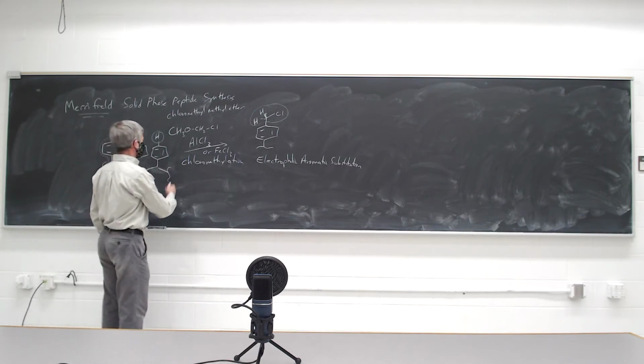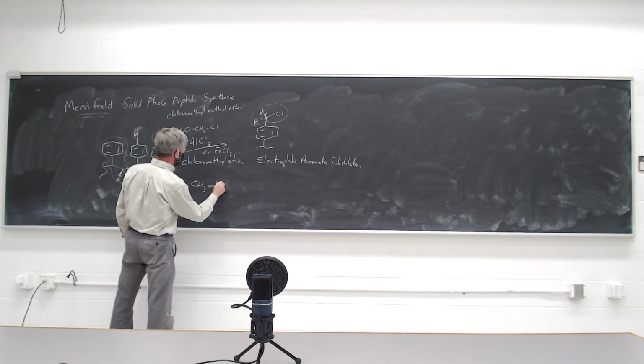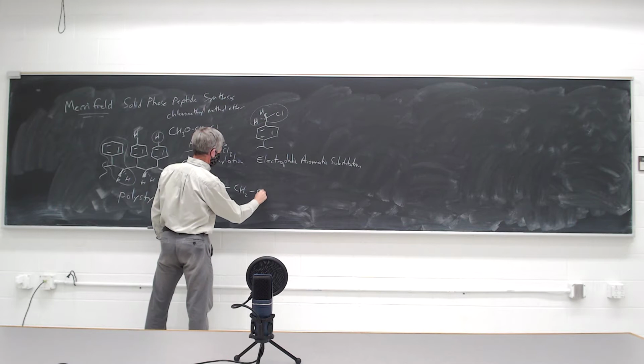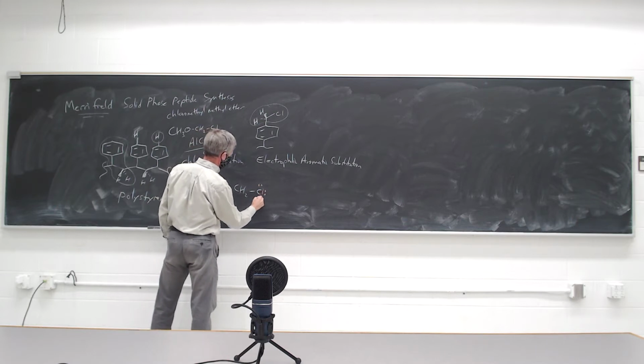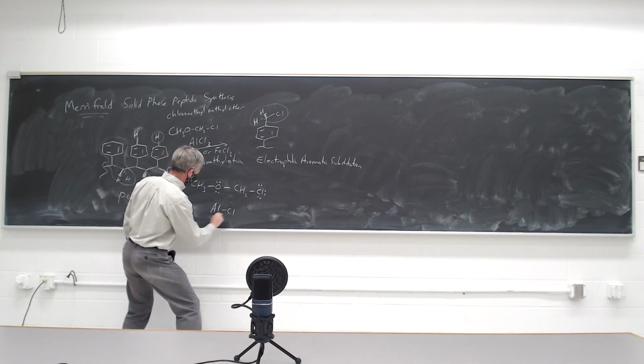You could also approach it by, if we take chloromethyl methyl ether and stick it in the presence of a Lewis acid like aluminum chloride, how is that likely to react with aluminum chloride?